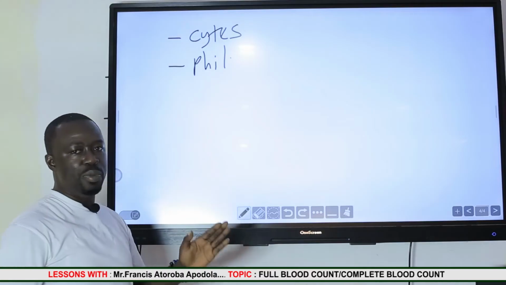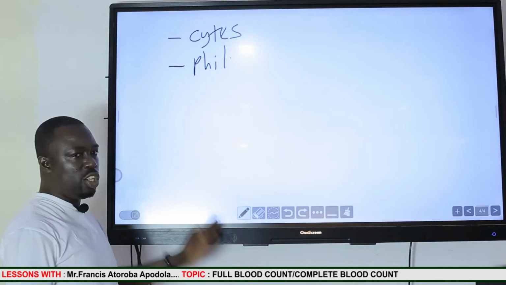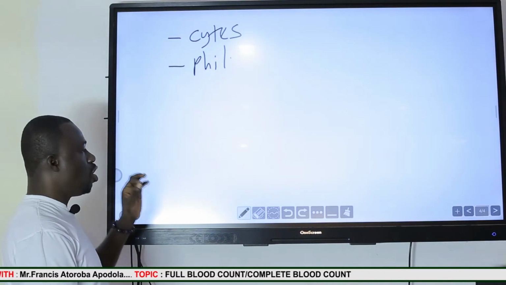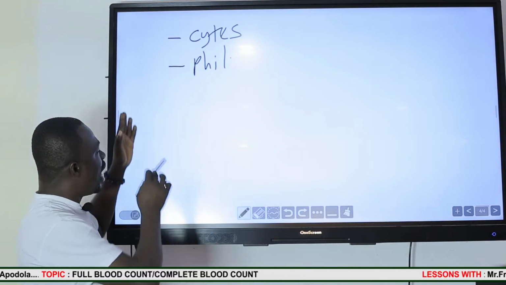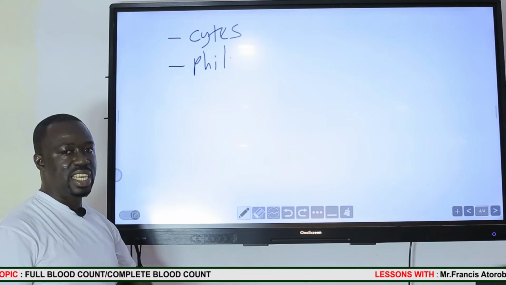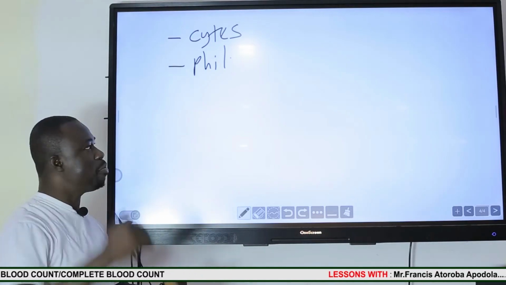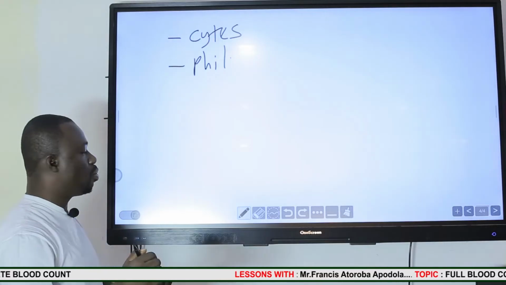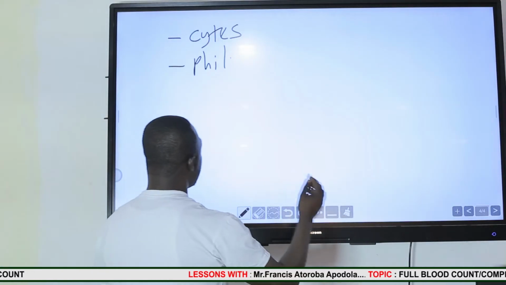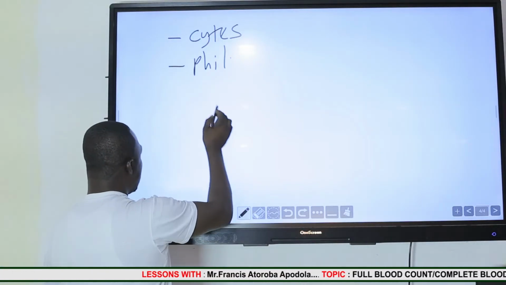These are the two main suffixes. The increased level of cells whose suffix ends with cyte is different from that of cells whose suffix ends with phil.